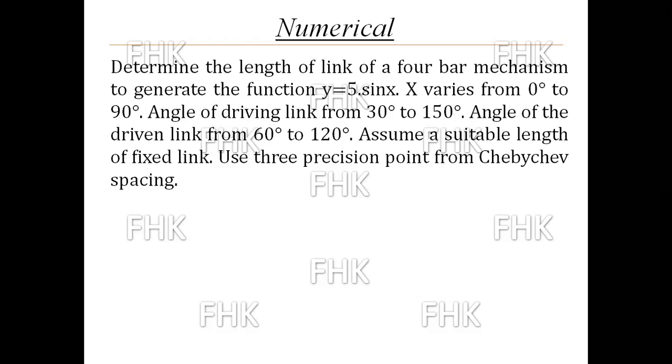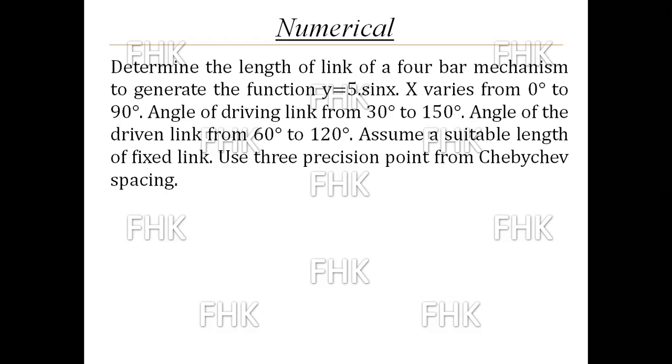That means theta starting, theta is denoted the inclination of driving link with respect to fixed link, as we learned in the previous session. I will share the link of that session. So theta starting is given 30 degree and theta final is given 150 degree.